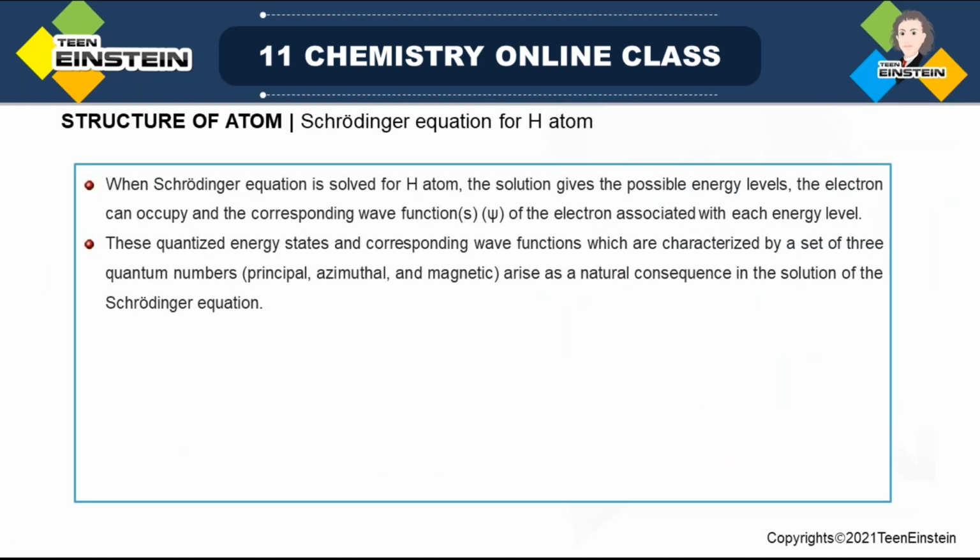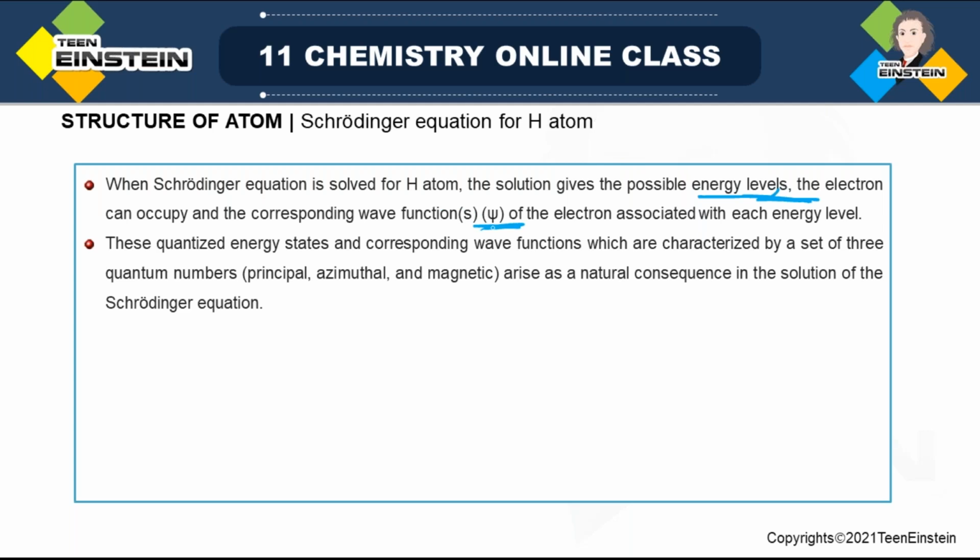So when the Schrodinger equation is solved for a hydrogen-like system, the solution gives different energy levels, basically the possible energy levels where the electron can be present, and the corresponding wave function psi of the electron is associated with that energy level.